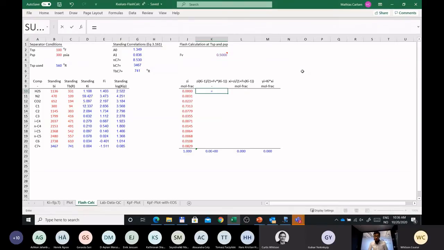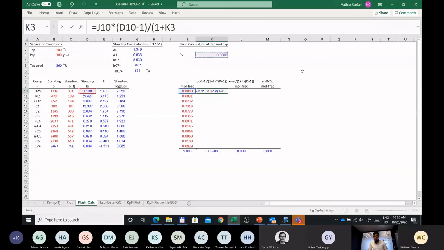So we have the Zi, so that's Zi times Ki minus 1. So we have the Ki here minus 1, divided by 1 plus Fv. So Fv is this value that we are going to change when we try to minimize the objective function using the solver in Excel.